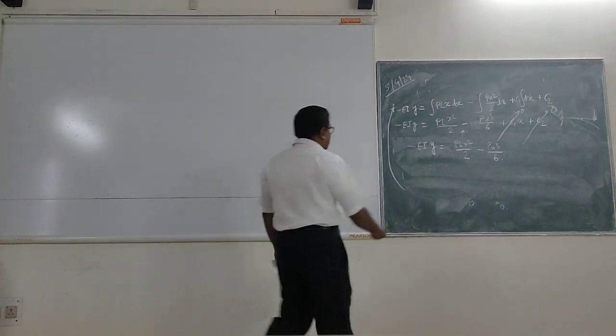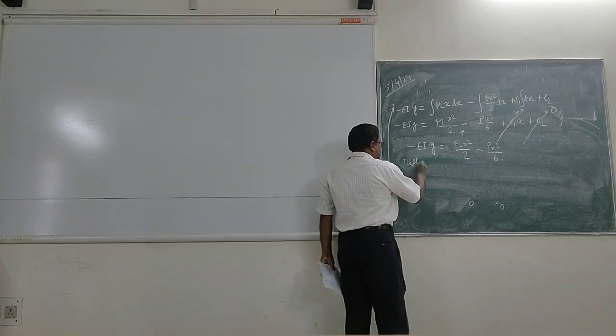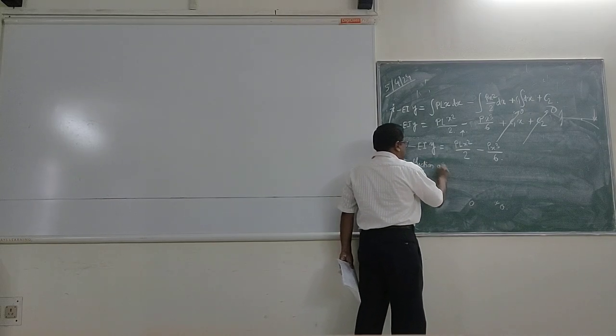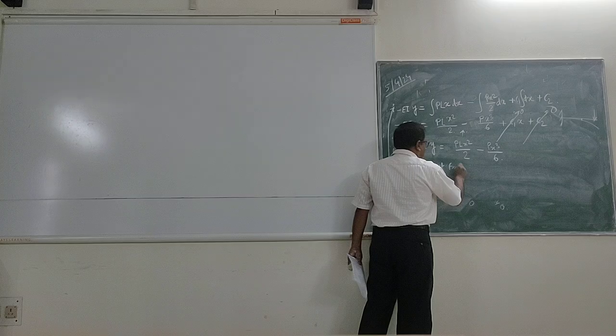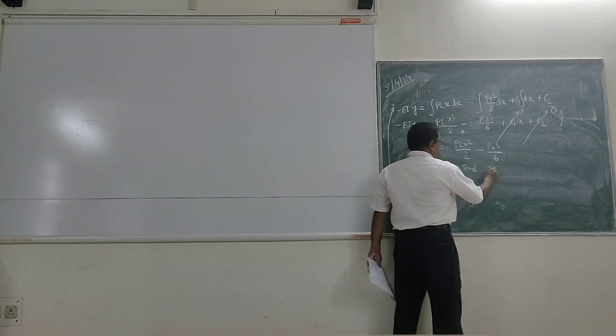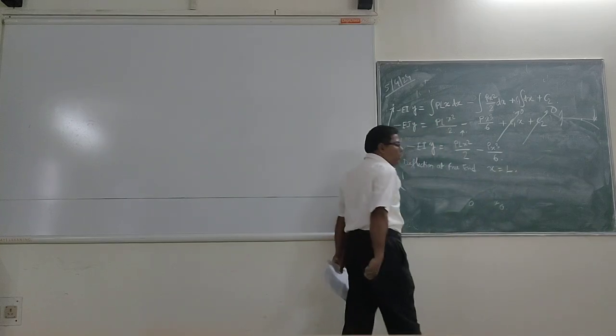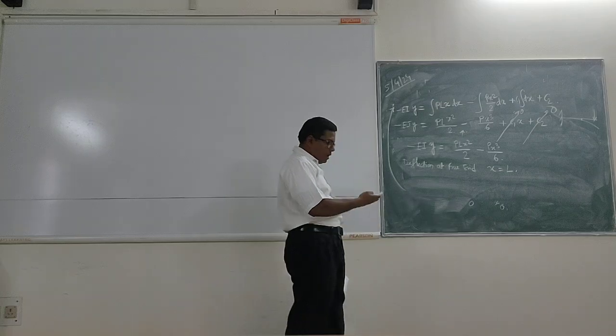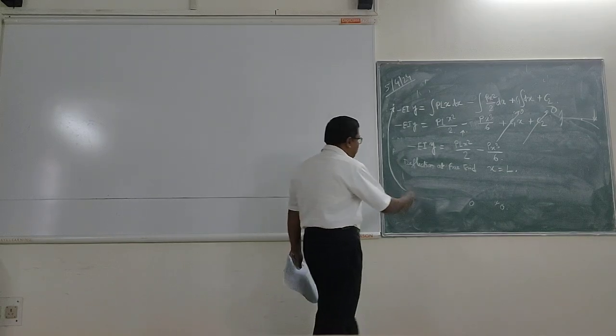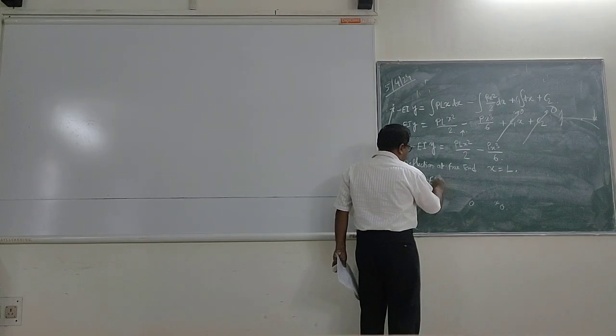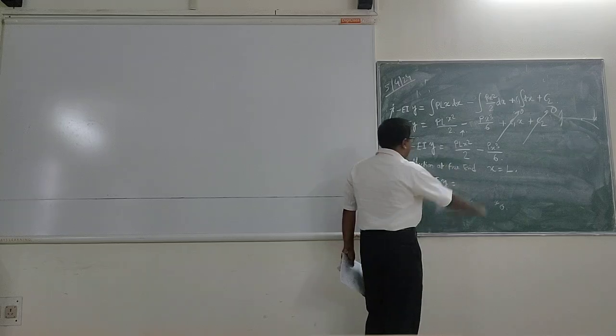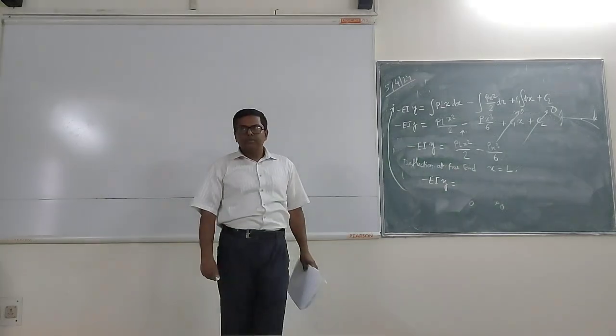So if I want to find out the deflection at the free end, how much will the deflection be at the free end? At x equal to L, right? So if I put x equal to L, please find out how much EI y will be.